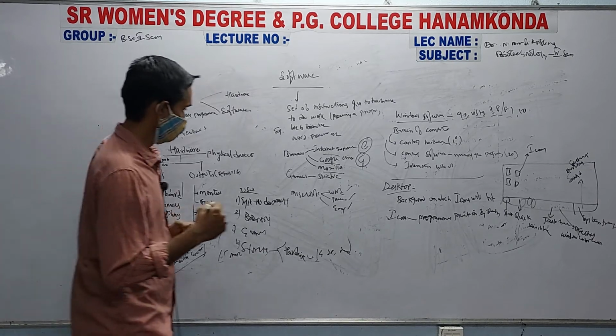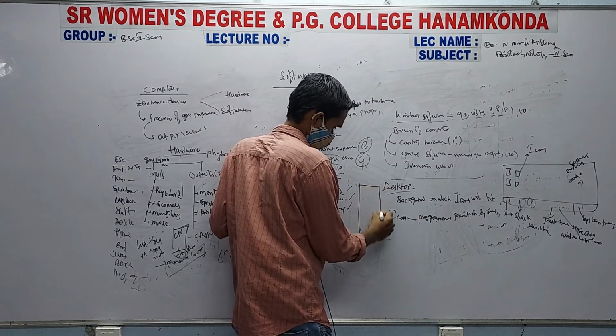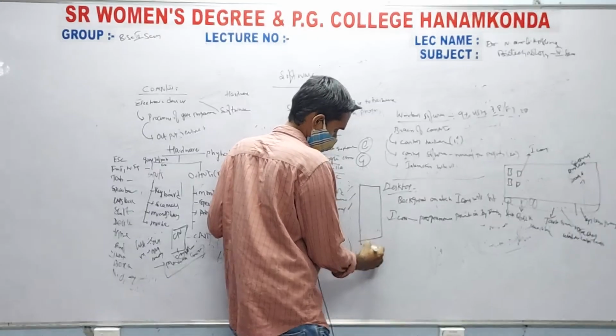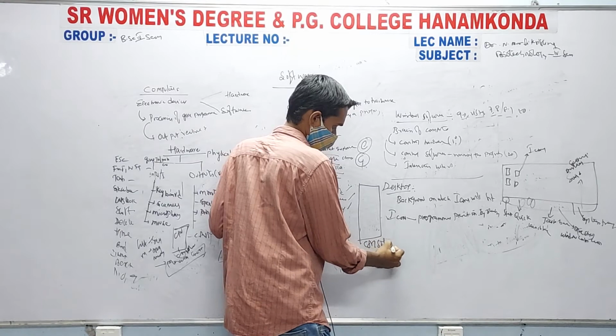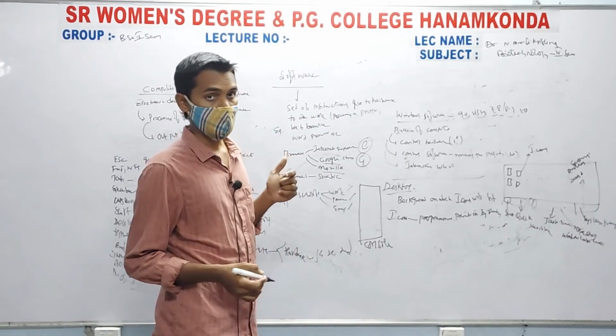If you see the CPU structure, which we call the console, the console is the central part which connects the inputs and outputs.